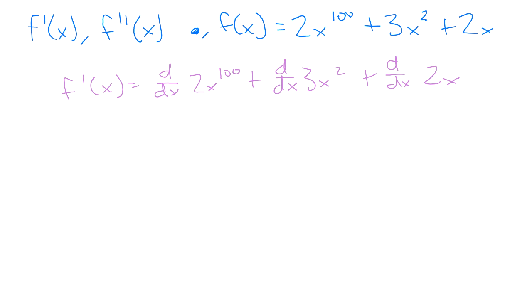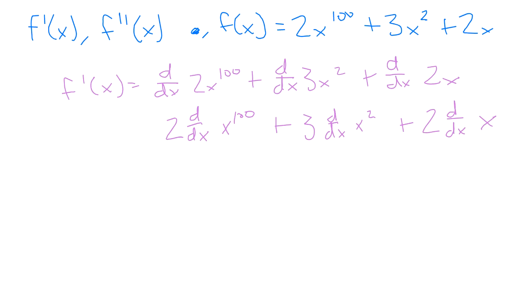All right, let's pull out these constants. So we get 2 times the derivative of x to the 100 plus 3 times the derivative of x squared plus 2 times the derivative of x.